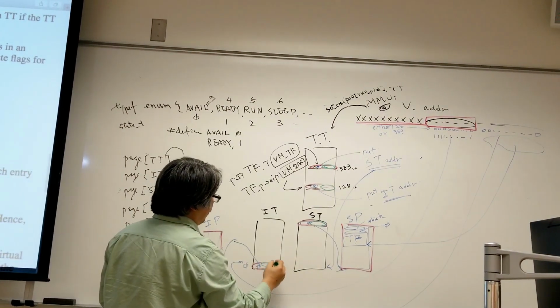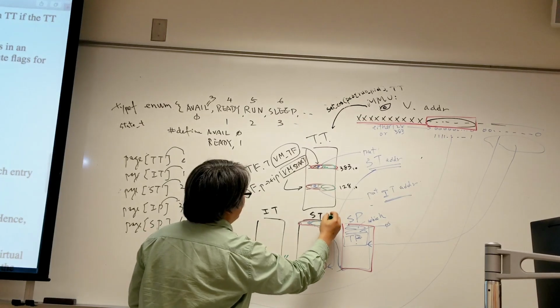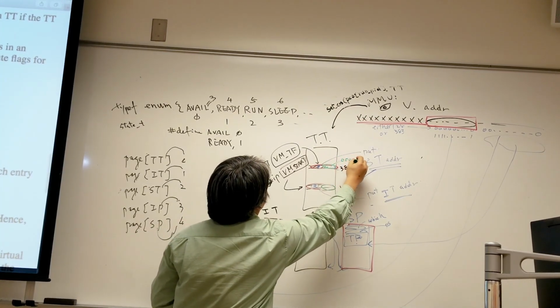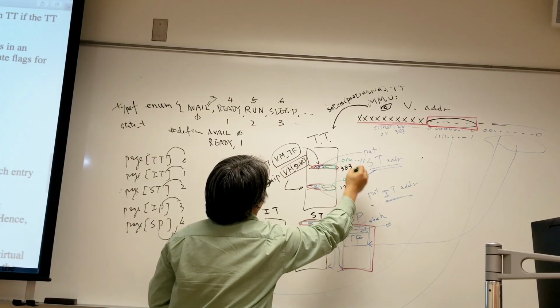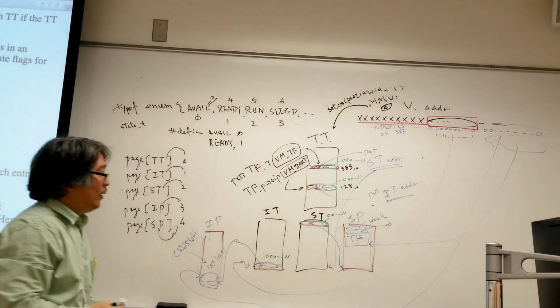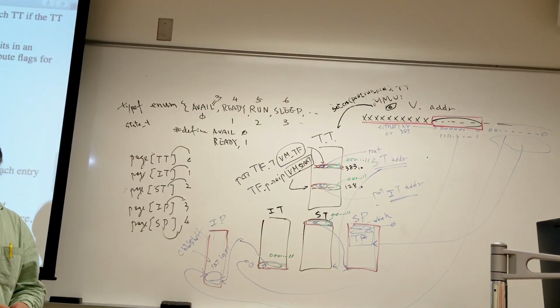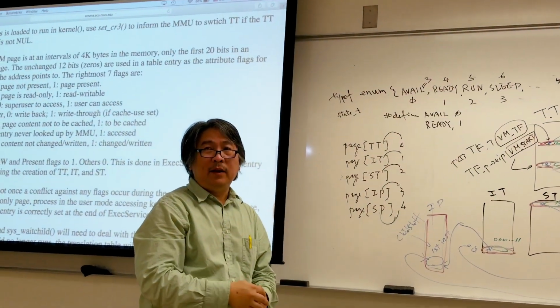We're going to set it to 00011, with all the rest 0, the last 2 are 1. Alright, so that completes the building of the translation table. And the process can move along, and run in the virtual space happily ever after.